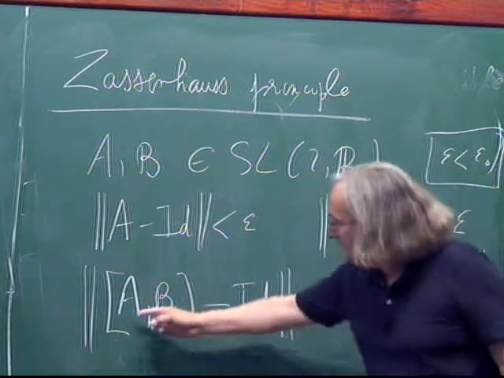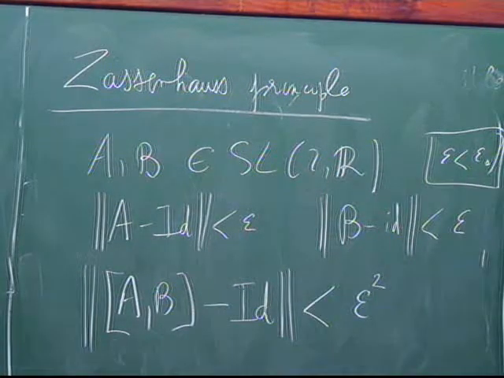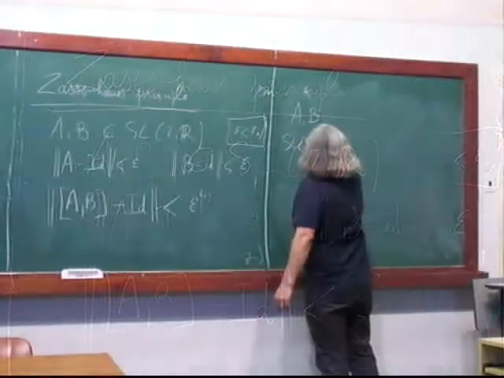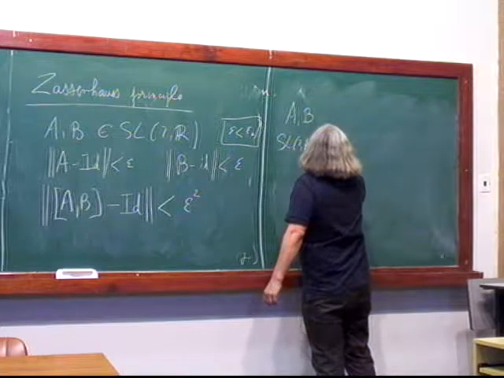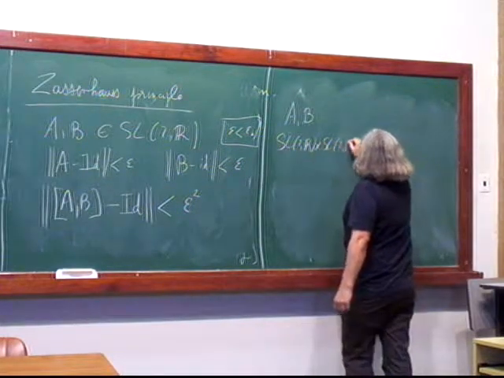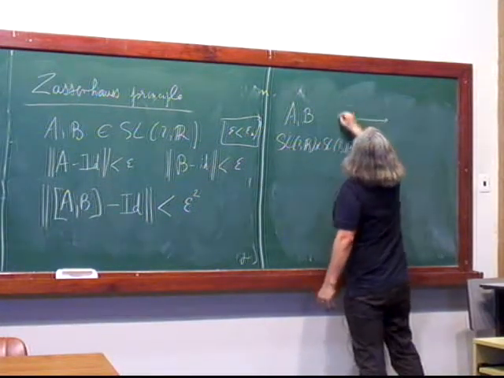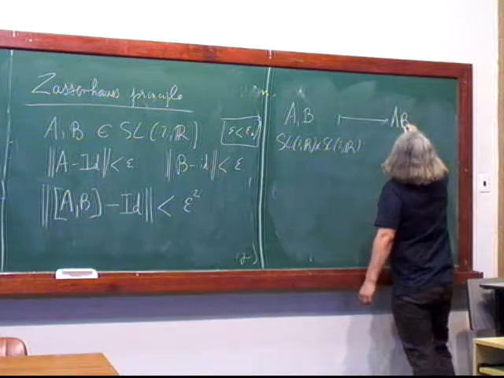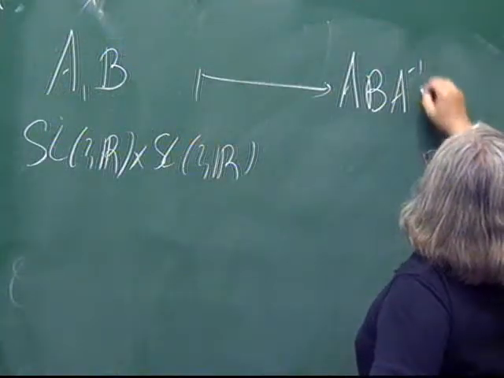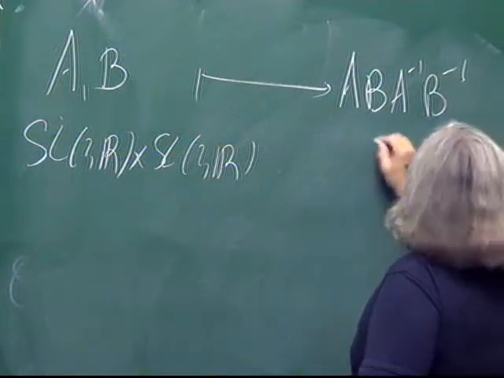If you take the map A, B in SL2R cross SL2R goes to the commutator ABA inverse B inverse in SL2R.